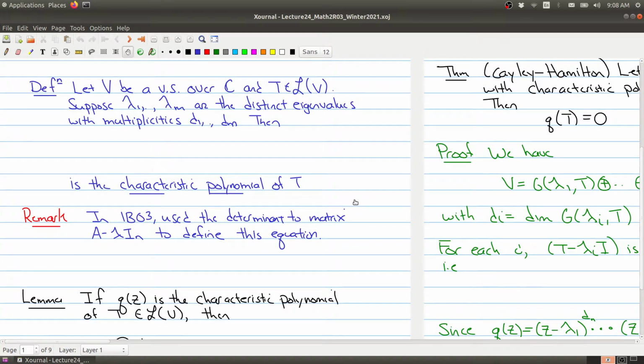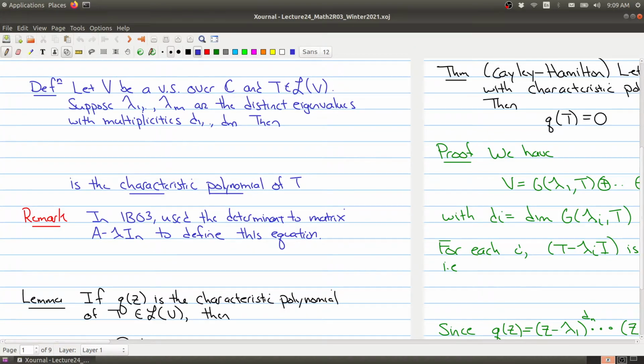Okay, so given that, what do we have? Let V be a vector space over the complex numbers, and let T be some linear operator. Suppose that we know what the distinct eigenvalues are, lambda 1 to lambda m, and we know the multiplicities d1 to dm of each of these eigenvalues.